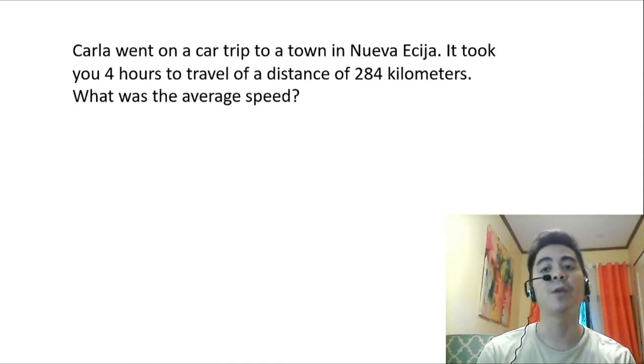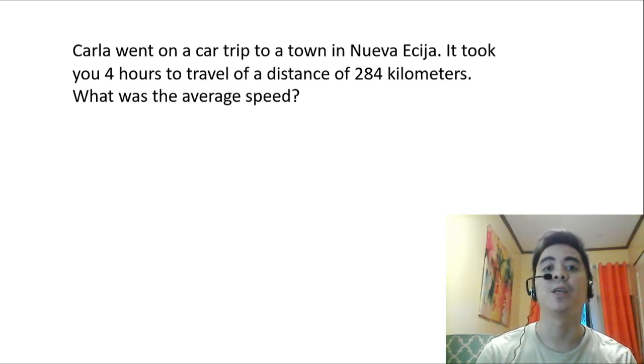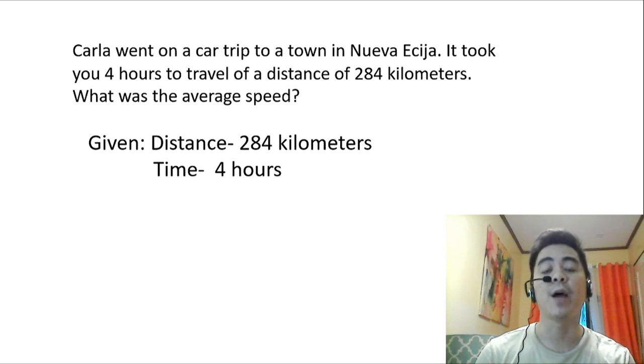For example, here is a given problem. Carlo went on a car trip to a town in Nueva Ecija. It took 4 hours to travel a distance of 284 kilometers. What was the average speed? In our given, the distance is 284 kilometers and the time is 4 hours.